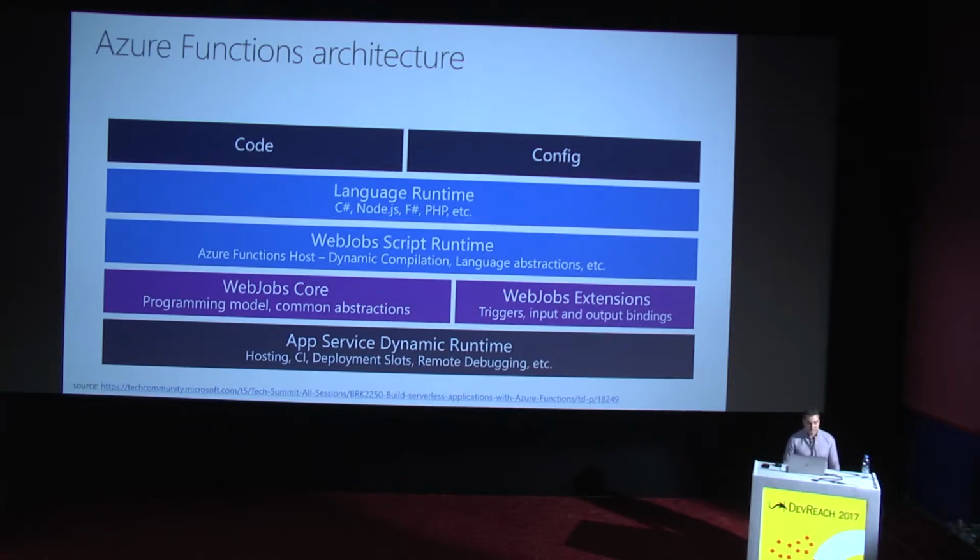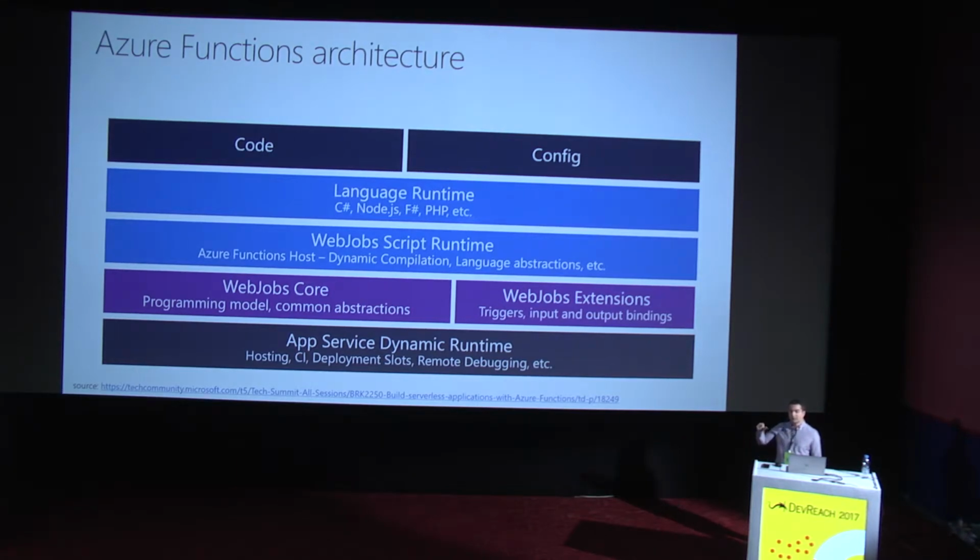Now here's a slide with a lot of rectangles. The most important thing here on this slide is that we're building upon an already existing ecosystem that's tried and tested. I just mentioned that Azure Functions is built on top of Azure App Service, meaning that you automatically get continuous integration. You get deployment slots.